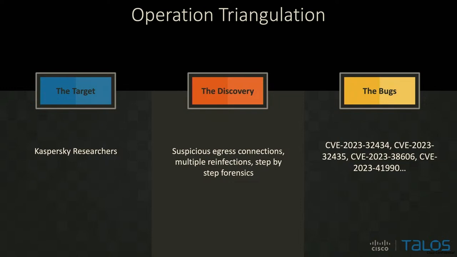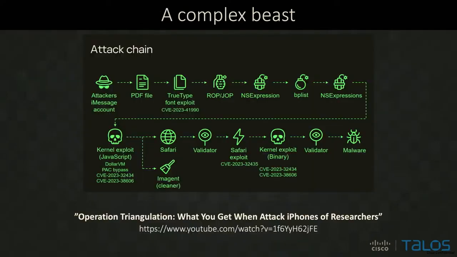This resulted in a bunch of bugs getting published and patched. There's a bunch of CVEs assigned to them. Most of them have been analyzed in public. The complete attack chain, the bug chain, for this exploitation campaign was pretty involved. There were many, many steps in it, many exploits used to achieve the goal.